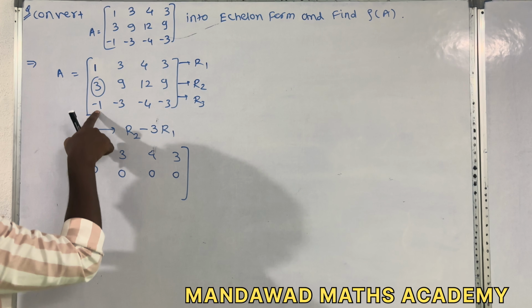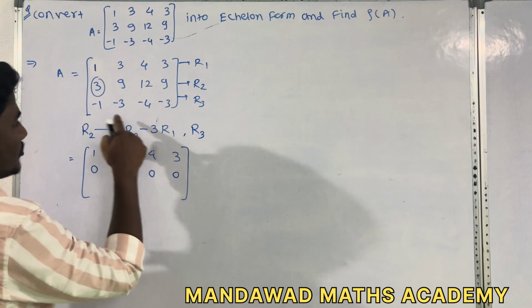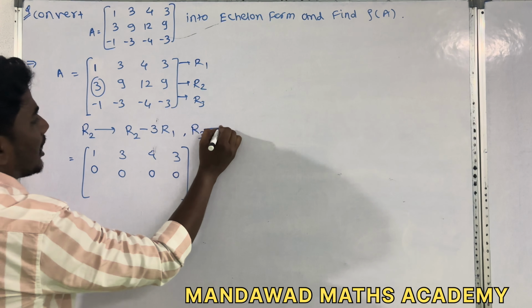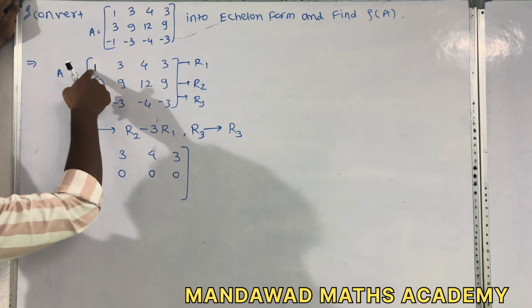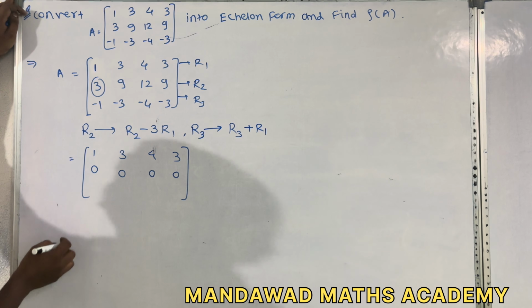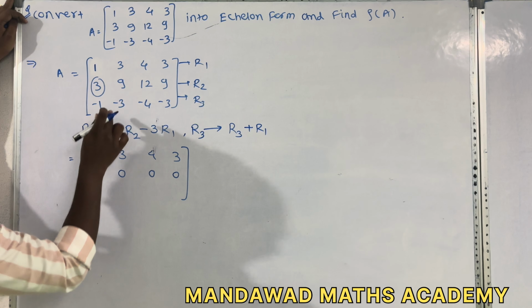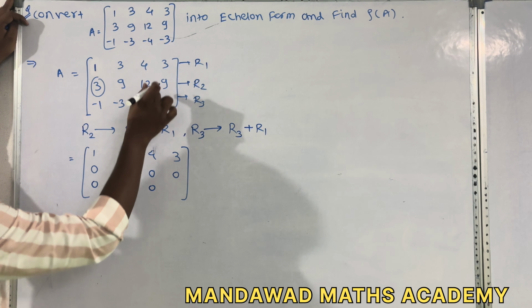Next, convert this into 0. So how to convert this one? R3 changes. How does R3 become 0? Plus 1 minus 1 means adding, R3 plus R1. Minus 1 plus 1 is 0. Minus 3 plus 3 is 0. 4 plus, 0. 3 minus 3 is 0.